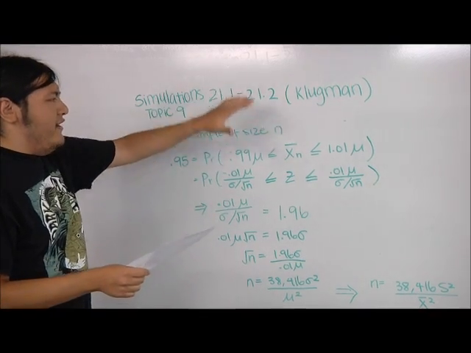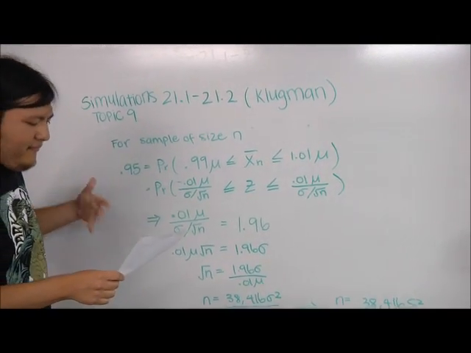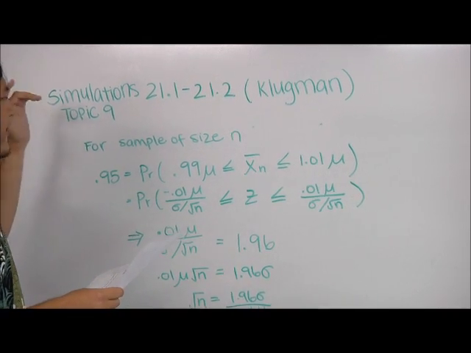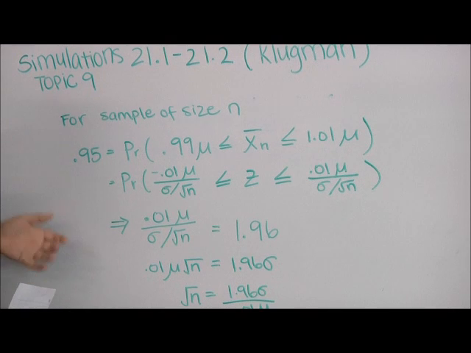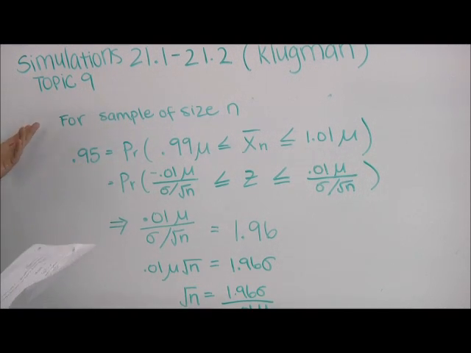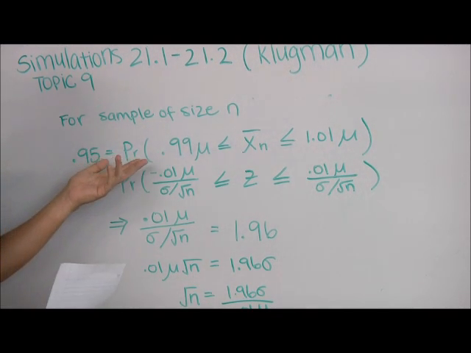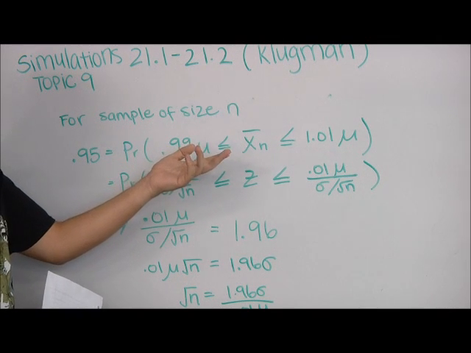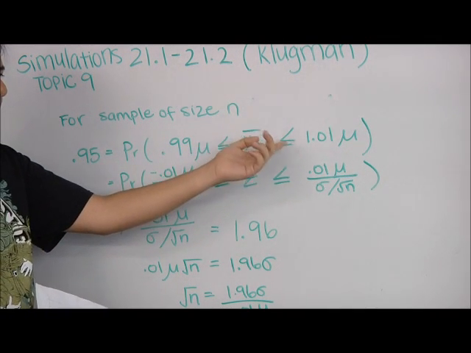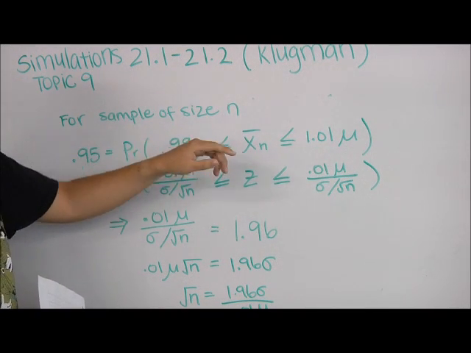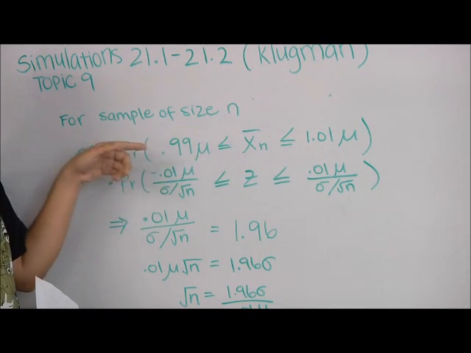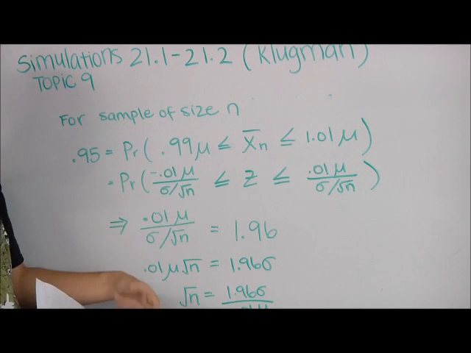All right, so as I have written here and will explain, for a sample of size n, your degree of confidence of 0.95 is equal to the probability that 0.99 mu is less than or equal to x bar n, which is less than or equal to 1.01 mu. You want your mean to be within 1% of the true value.